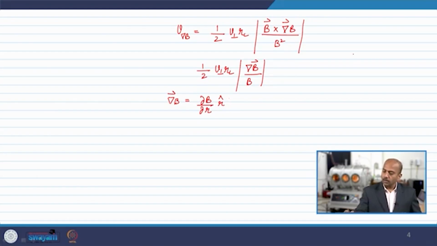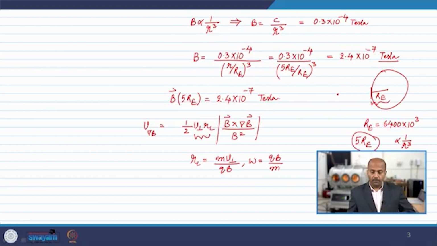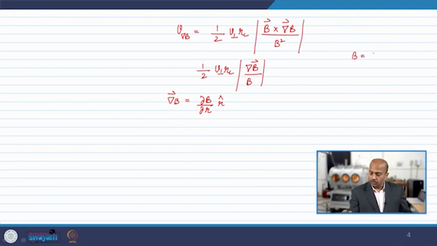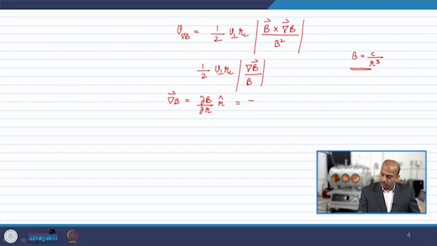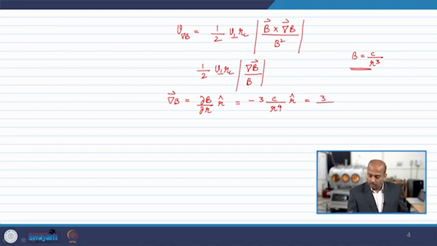Using the fact that B is equal to C by R cube, we can write this as dou B by dou R. A derivative of this with respect to the radius will give you minus 3 into C by R power 4 along R cap, right. So, this is 3 by R, let us say, into C by R cube.